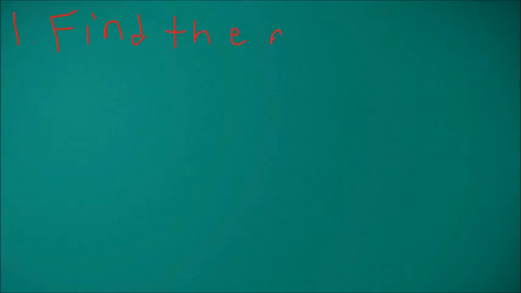So we all know how to find a mean, don't we? We add up all of our data points. So we're going to have our x1 plus our x2 plus our x3, whatever our data points are, and then we're going to divide by n, which right now is 3, because n is our number of data points. So we all know how to find the mean.